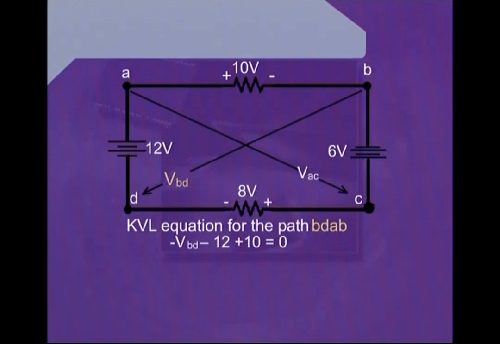Simplifying it, we write minus VBD is equal to 2 volts, or once again we can write VBD is equal to minus 2 volts, or once again we can write the expression for the voltage other way round, that is VDB, and that will be equal to 2 volts.